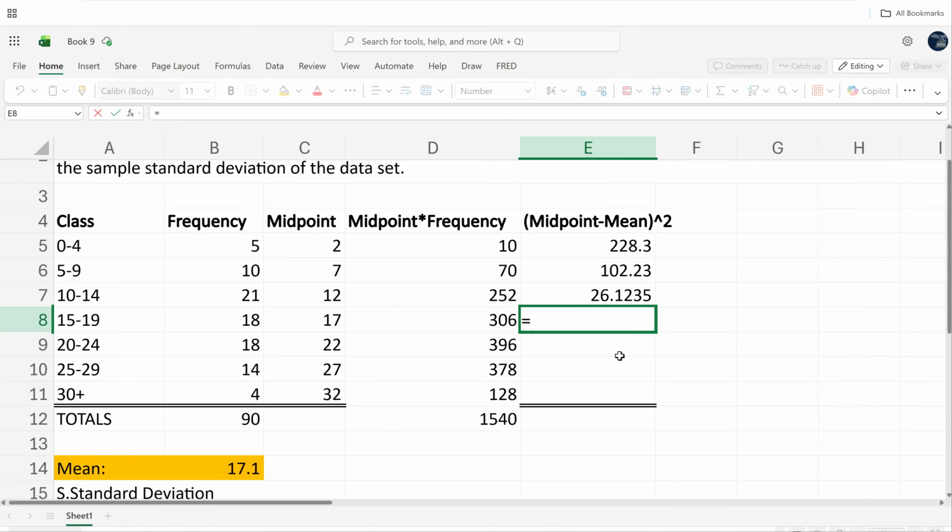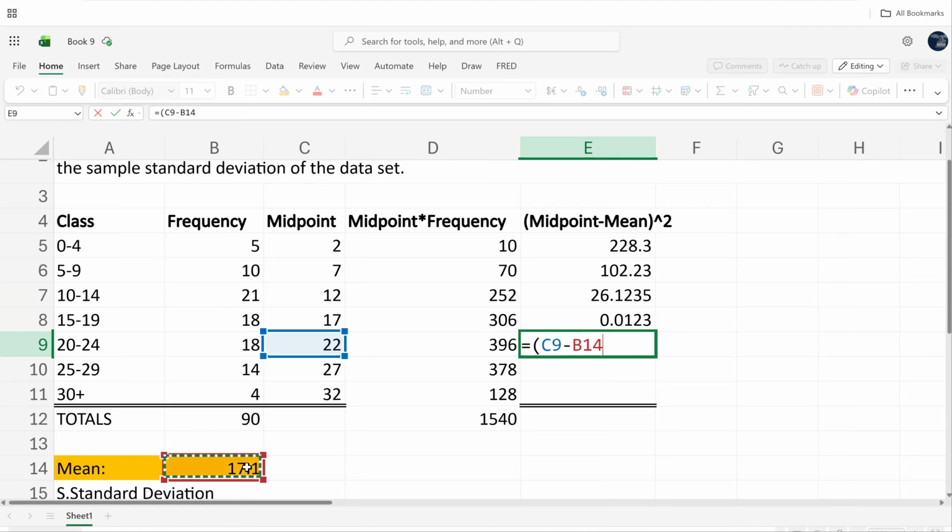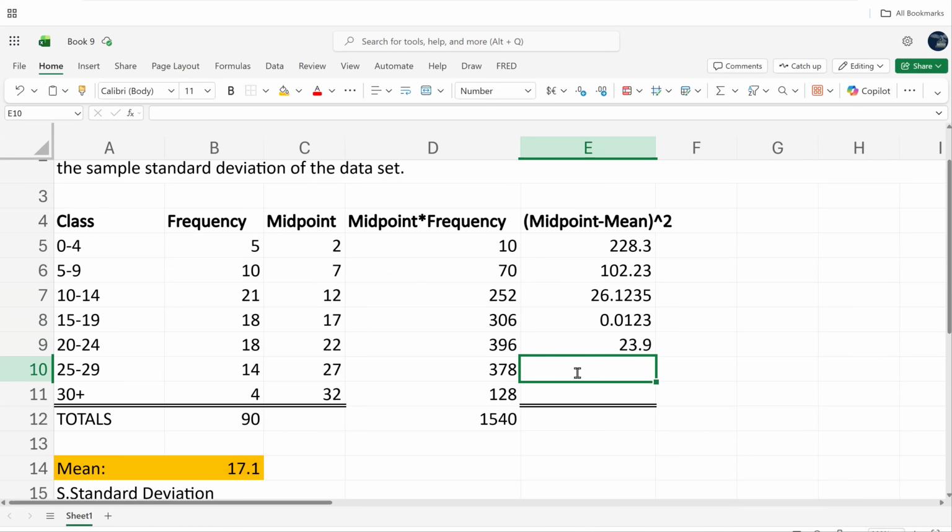You might be able to click and drag and get the pattern here. This was kind of a bigger one than the other one, so I'm just going to do them. So parentheses, midpoint minus mean, close parentheses, and square it. Midpoint minus mean and square it. Almost there.